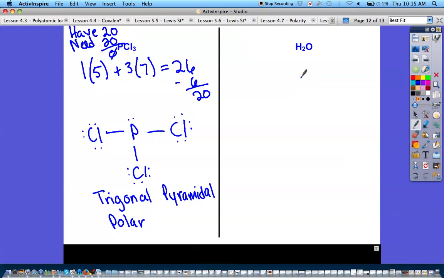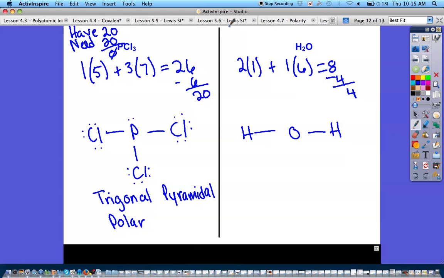And then finally, H2O. We have 2 hydrogen, 1 valence electron, 1 oxygen, 6. So that gives us a total of 8. Put oxygen in the center, single bond to each of our hydrogen. We're going to subtract 4 from our total. So we now have 4.